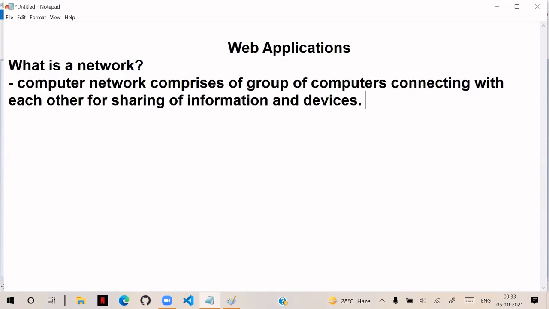So a computer network is a group of computers connected with each other through Wi-Fi or wireless or wire or anything, so that sharing of information can happen.